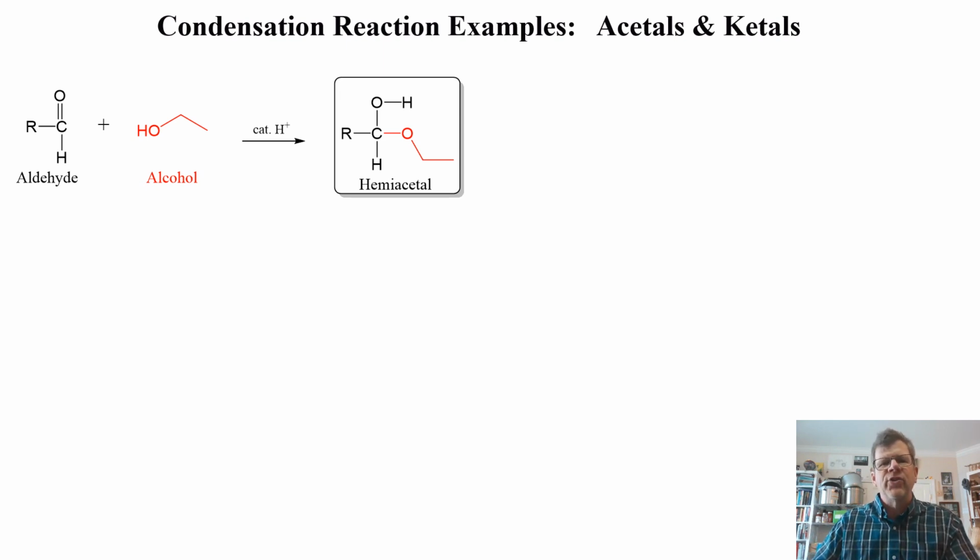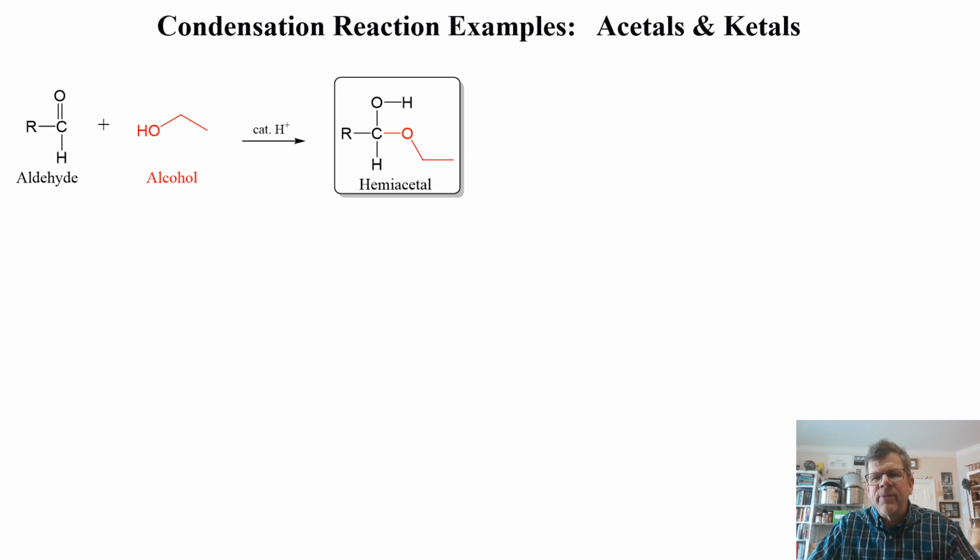What I've tried to do is use color coding here so we can see on this now one molecule where the alcohol was derived from. It doesn't have to be this particular alcohol, by the way, but that's because it's still in red, and the rest that was in black is derived from the aldehyde. So it's important to try and recognize that.